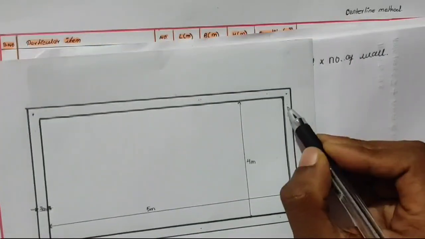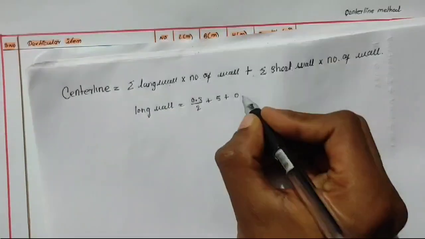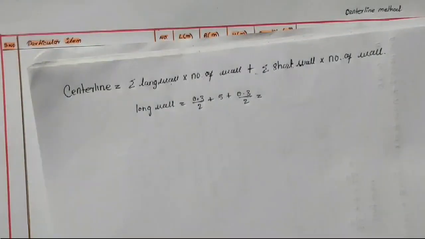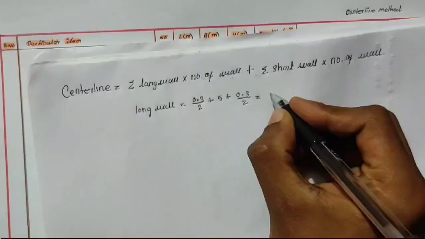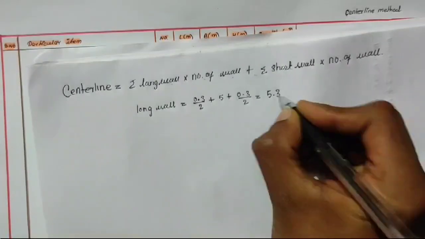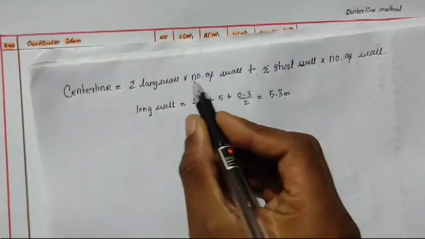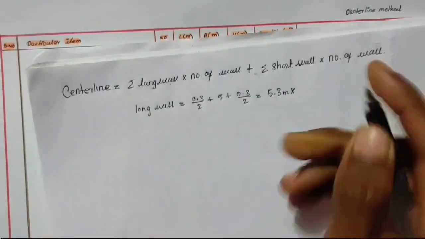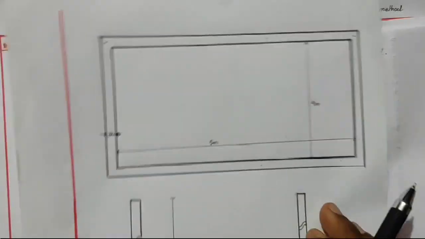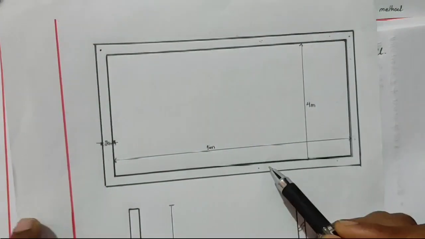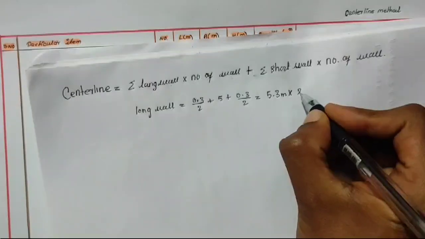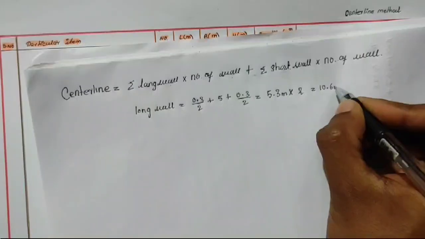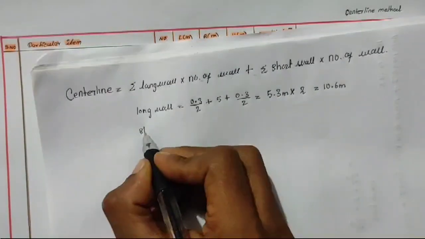So 0.3 divided by 2 plus 0.3 divided by 2, which is equal to, so the answer is 5.3 meter. And what the formula suggests is into number of walls. Here you can see the number of long walls is 1 and 2, so multiply by 2, which is equal to 10.6 meter.